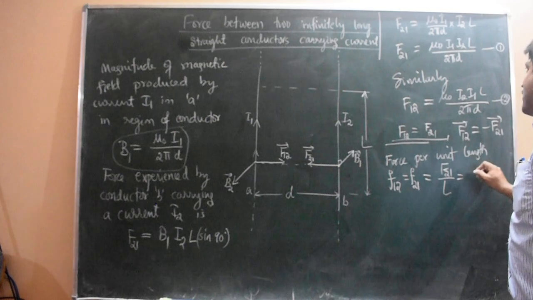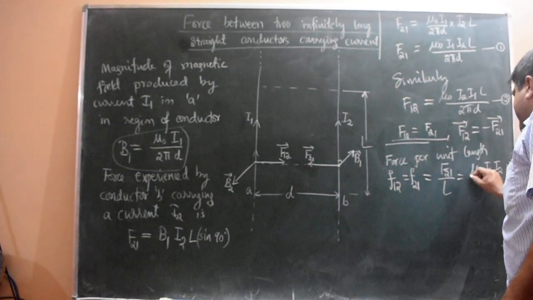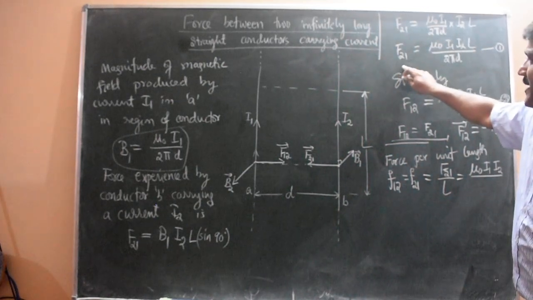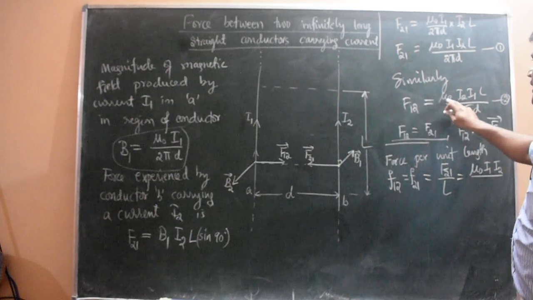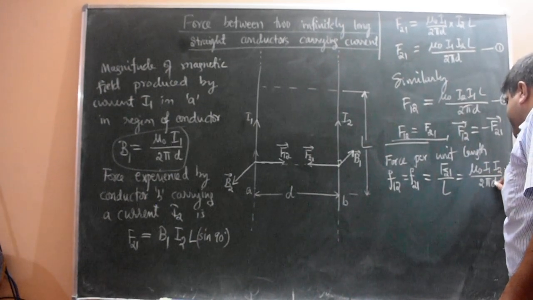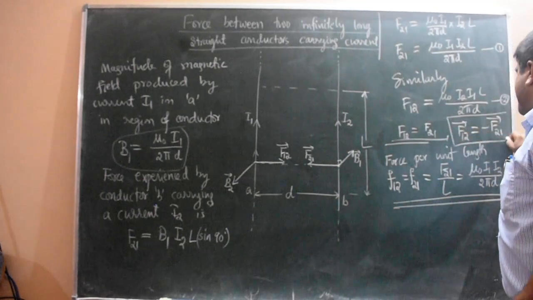Therefore f equals F21 divided by L or F12 divided by L, which is mu naught I1 I2 divided by 2 pi d. So this is the expression for force per unit length. You have to write this expression.